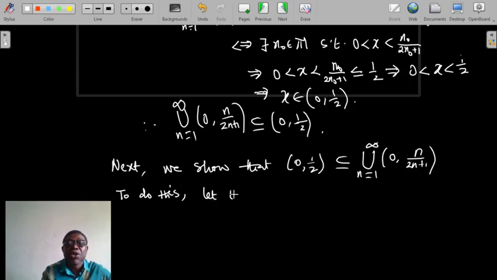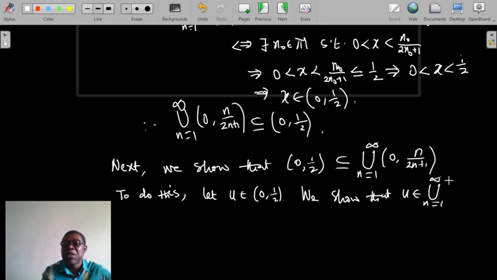Let u be in the interval (0, half). We show that u is in the union n equals 1 to infinity of (0, n over 2n plus 1). This is what we need to show now.